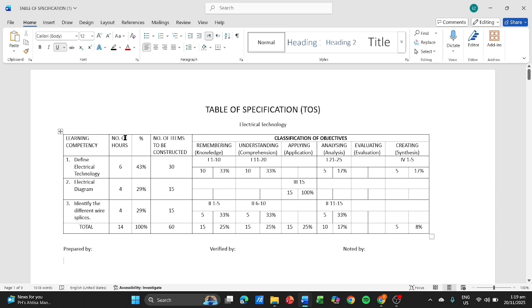And the second one is the number of hours. In this column, you just have to identify how much time you have consumed during the lecture hours, or how much time you used in your lecture of that particular learning competency.